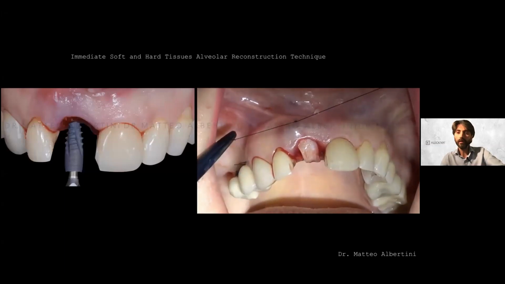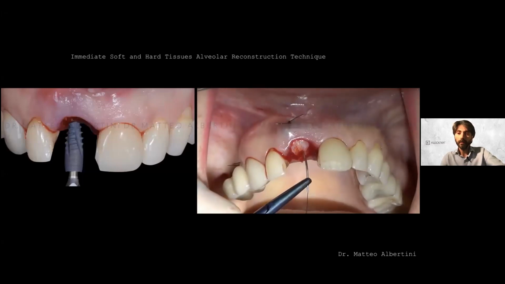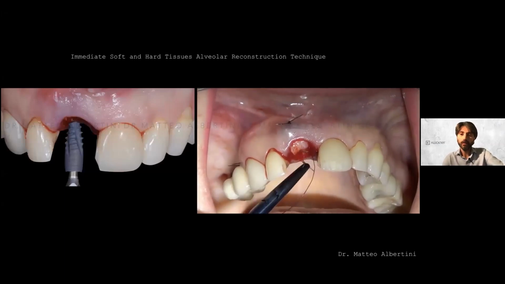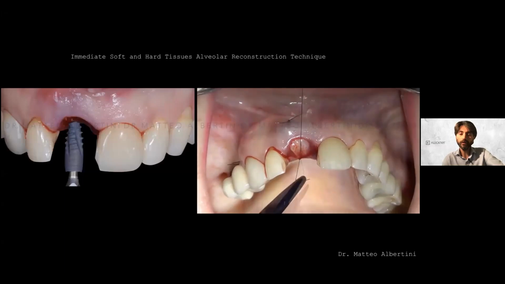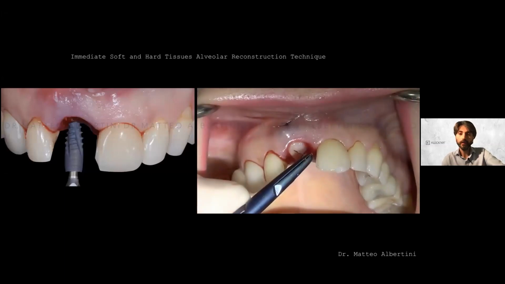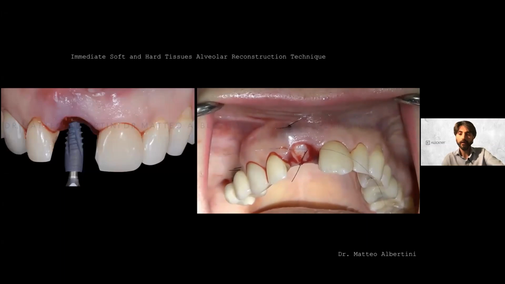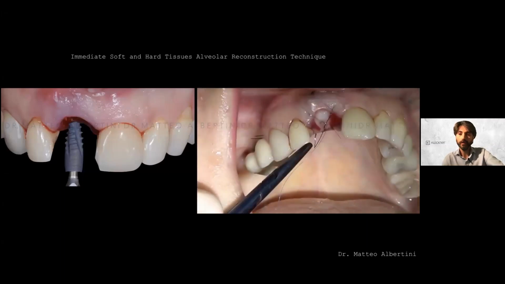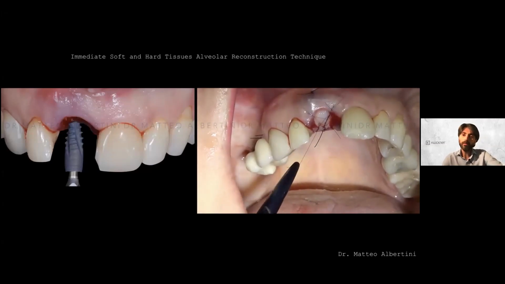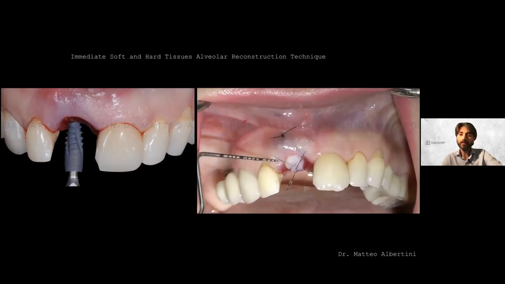So we fixed the graft apically with 1 stitch. Then we need other 5 stitches. One is in a palatal position, and other 4 stitches at the angles. This is a 7-0 suture. Okay, so now we have a bone defect that is filled, and we have a very, very stable wound.